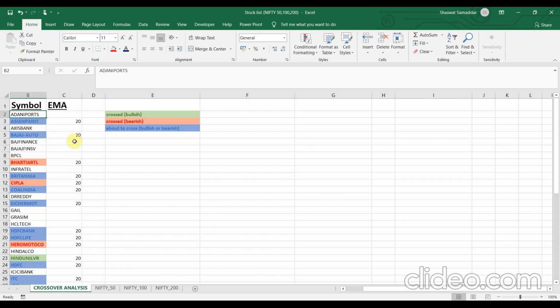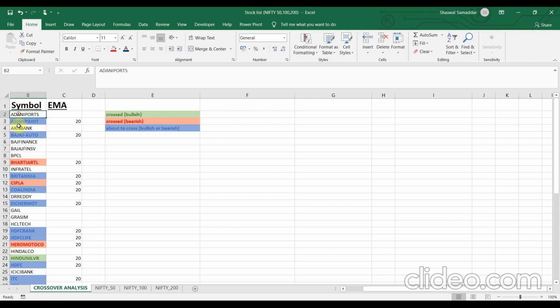Most probably we will see the crossovers, or be about to see the crossovers, in the colored stocks only, because 50 and 200 EMA is a longer time frame, so it's rarely possible that there is a crossover in 50 and 200 EMA before the 20 and 100 EMA. So to save time, let's just check the possibility of crossovers in the stocks which are colored.